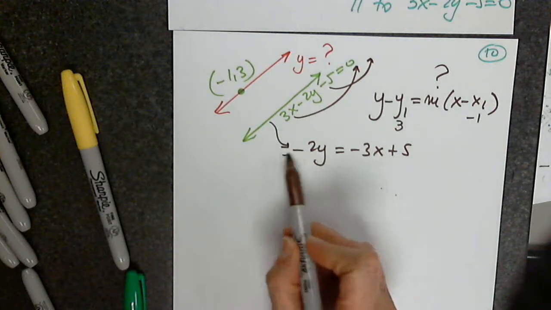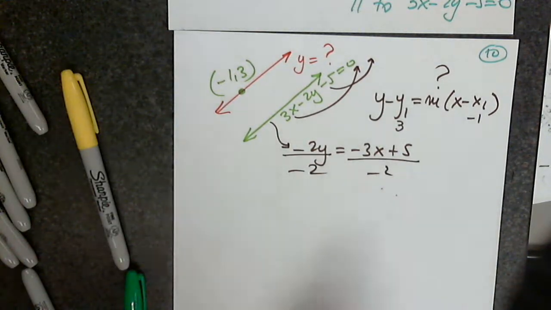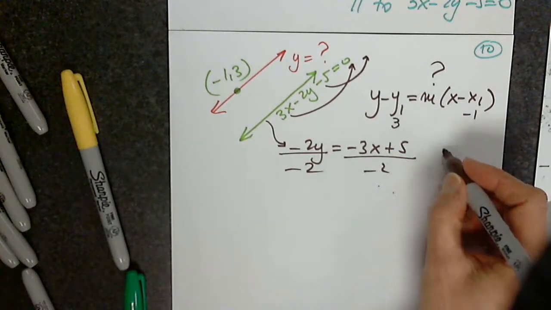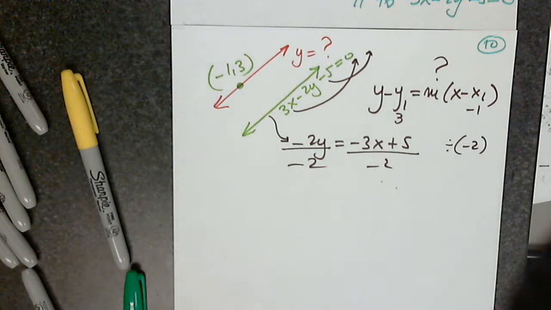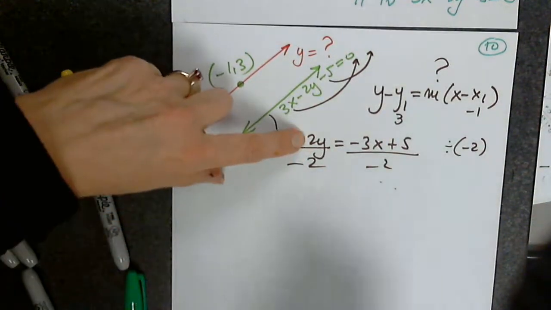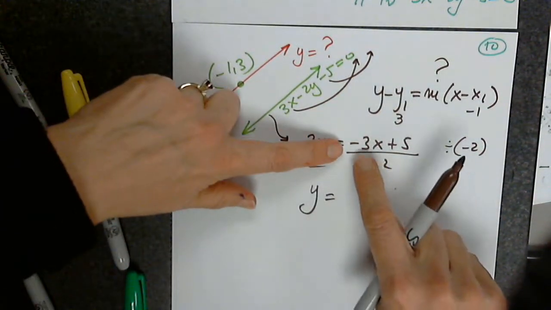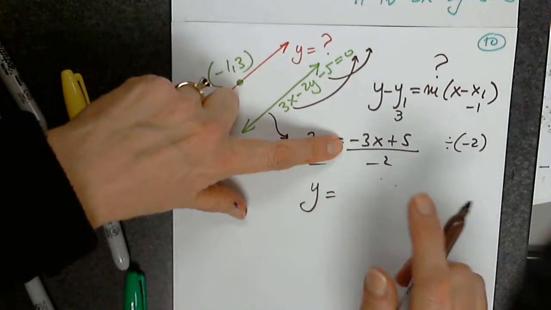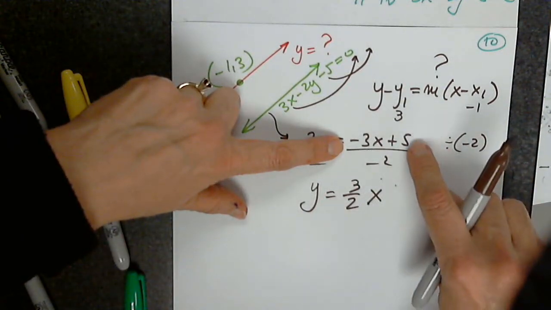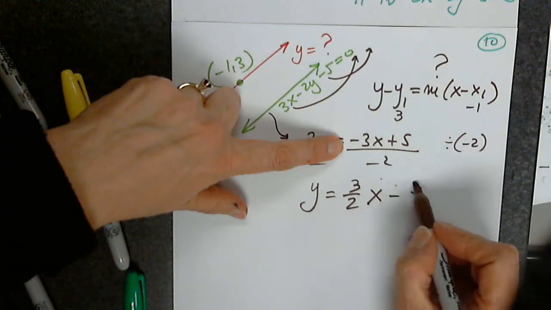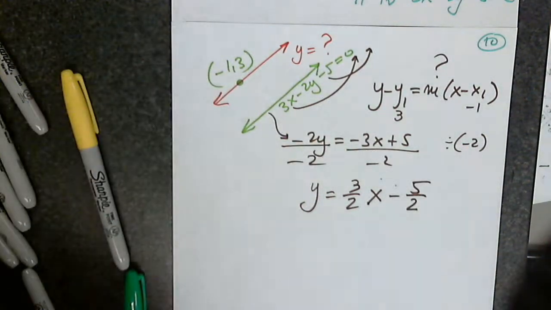It is tempting to write this. Don't. Just divide everything, both sides, by -2 term by term. So when I divide this by -2, I get y. When I divide -3 by -2, I get 3/2 x. When I divide 5 by -2, I get -5/2.